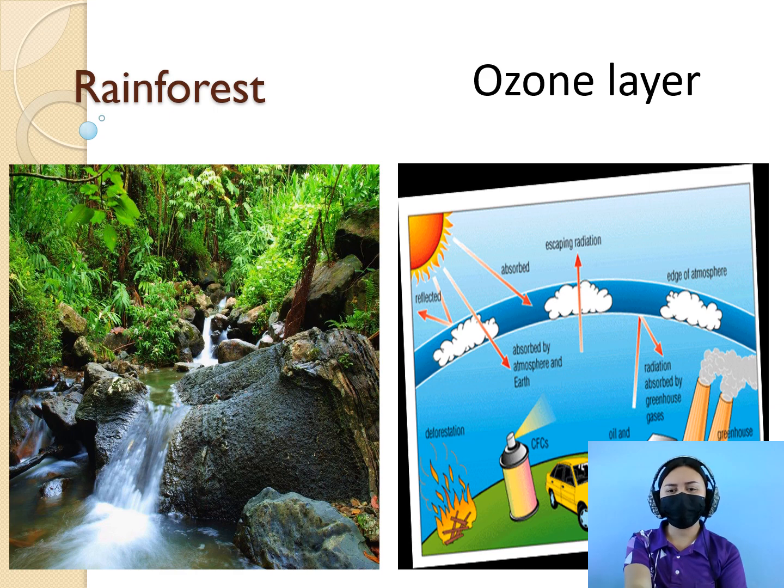The ozone layer is the one that protects us from the direct UV rays of the sun. The ozone layer is very important, but this time it is gradually damaging. It's damaged already because of the activities of people.